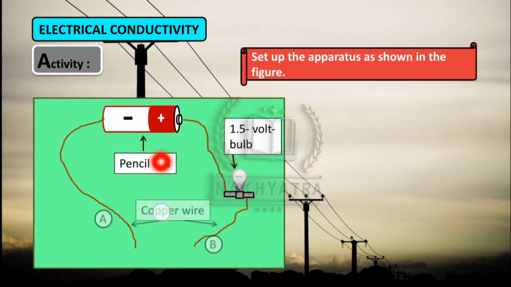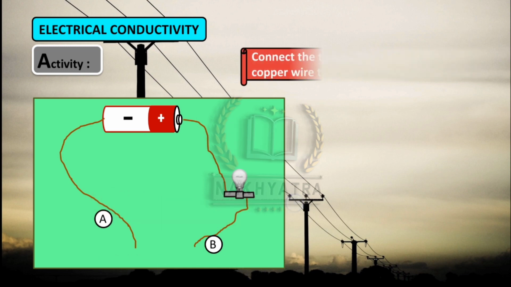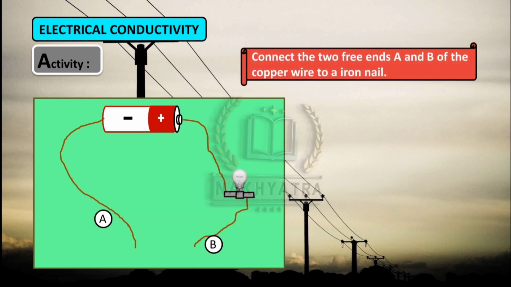Alright, now set up the apparatus as shown in the figure. Clear everyone? As you can see here, this is a pencil cell and this is a bulb of 1.5 volt. And these are the two copper wire ends A and B. Now connect the two free ends A and B of the copper wire to an iron nail.